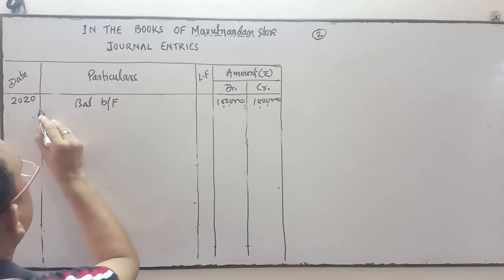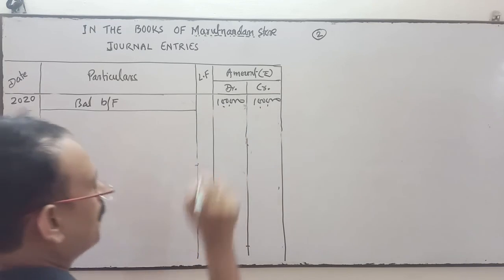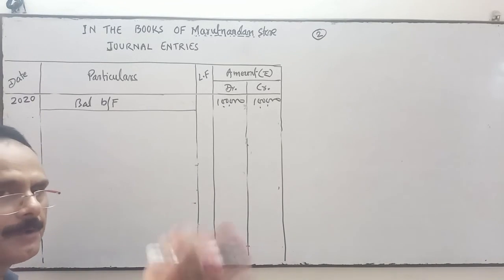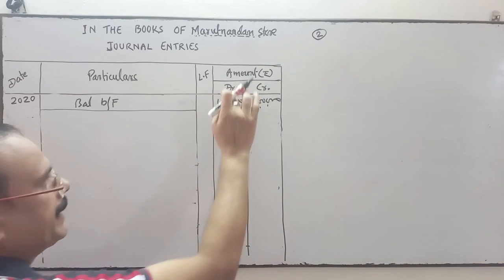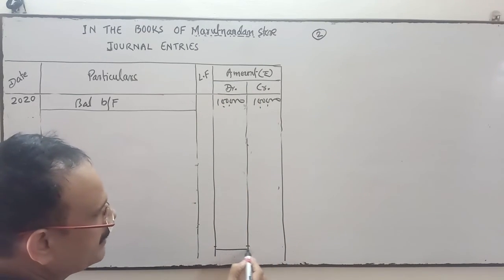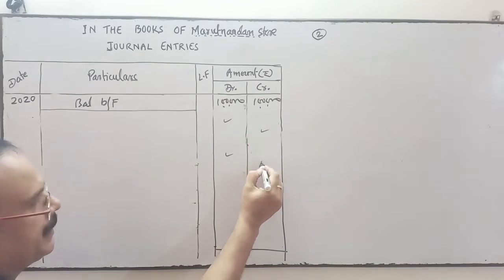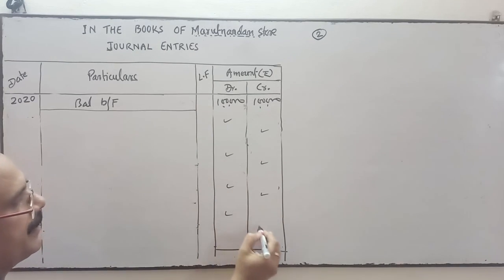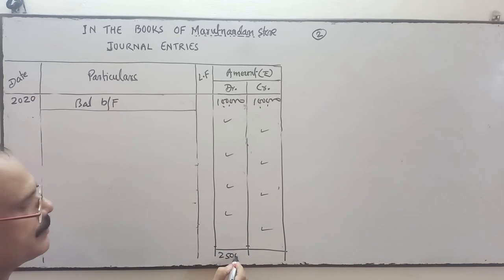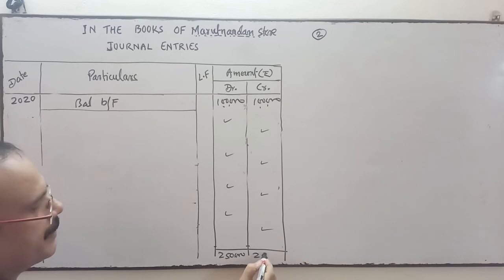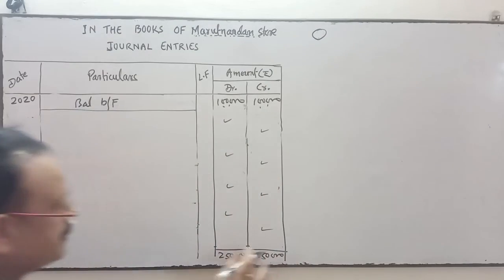This is the amount of balance brought forward, which is carried forward from the previous page, from page number 1 to page number 2. Again I will do the total of this page. There are so many figures in debit and credit. Now I do the total over here. The total comes to 2,50,000 on both sides.